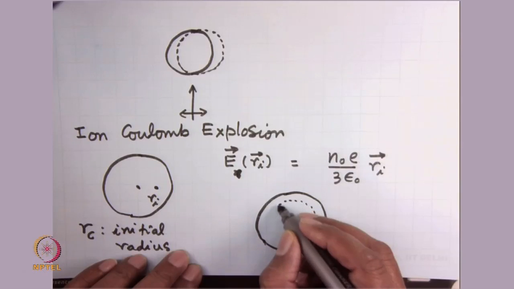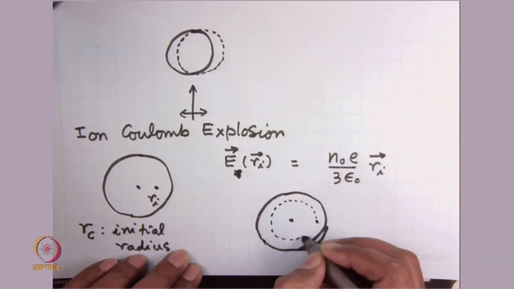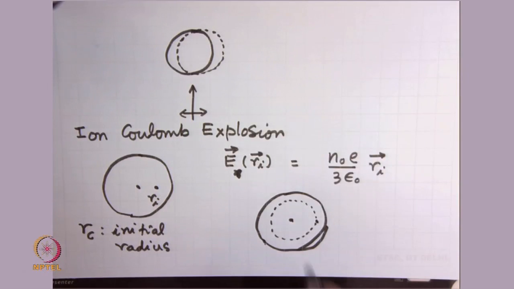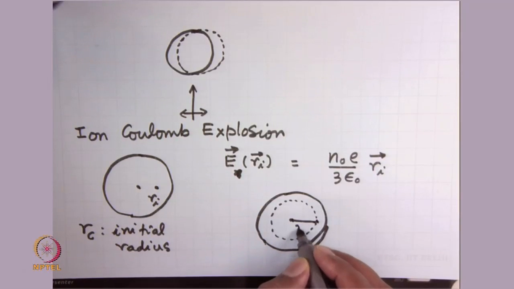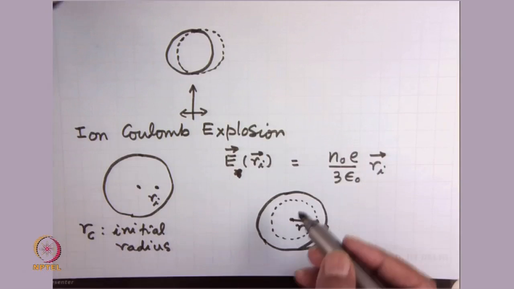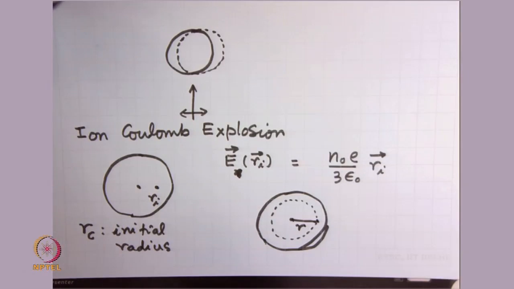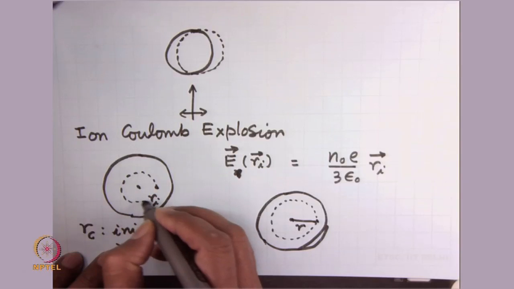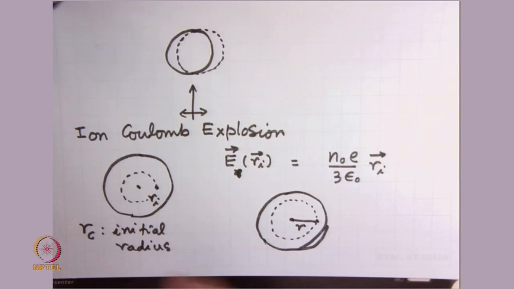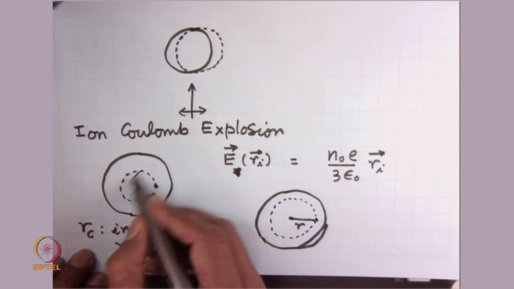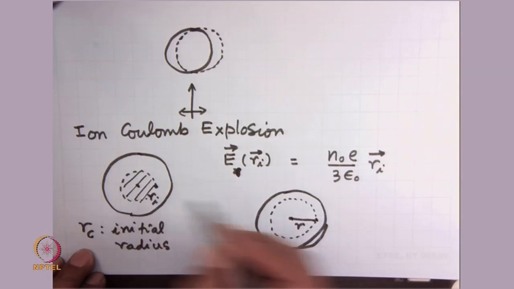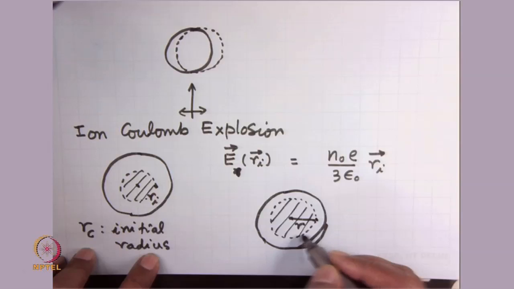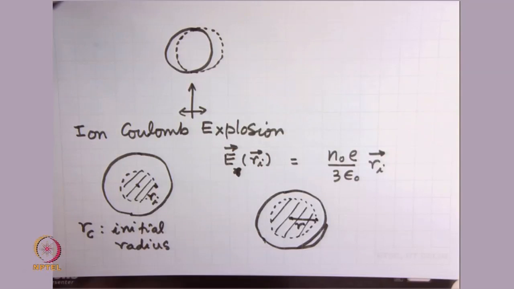The charge which was contained in this radius Ri has moved to a distance r, but the total charge contained will be the same, because the charge that was contained in this inner sphere, the same sphere has expanded. So the charge which was in this radius has moved to a bigger sphere of radius r, but the total charge remains the same.